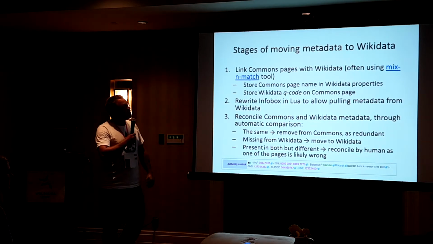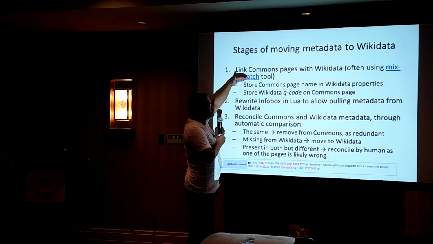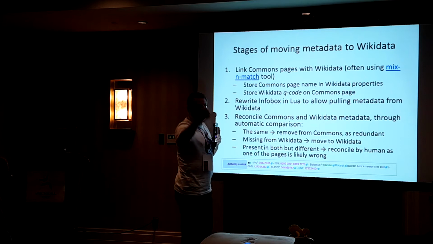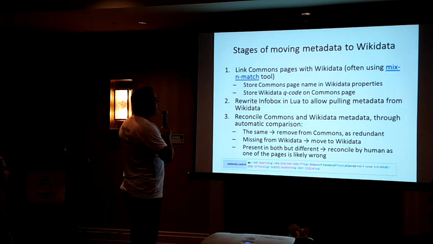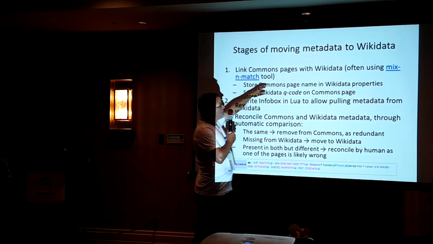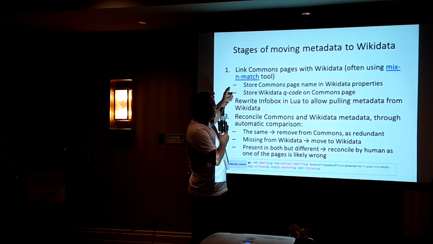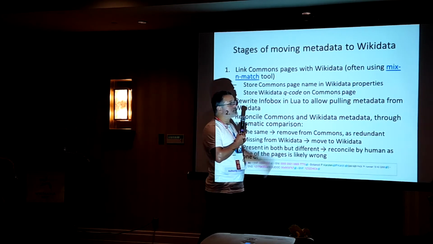So, the stages of moving metadata to Wikidata. First is to link Commons pages with Wikidata. We often use Mix'n'match. Thank you, Magnus, for that tool. Then we store the Commons page in Wikidata properties, and we also need to store the Wikidata code in Commons pages.